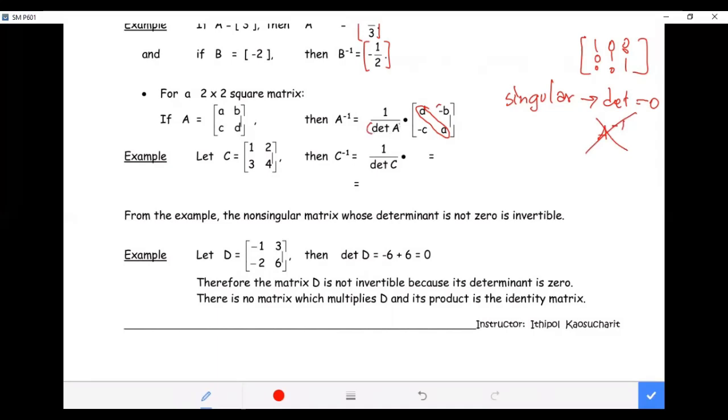Because when the determinant is 0, you have 1 divided by 0, which is undefined. When you have undefined, you cannot do anything in math. That's why we will never have the inverse.